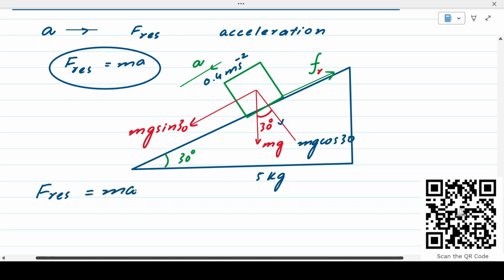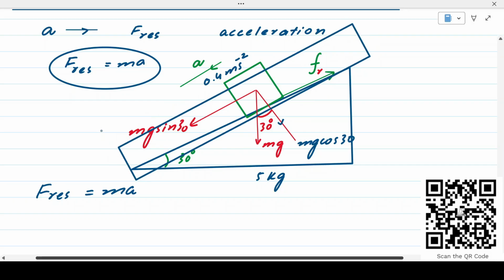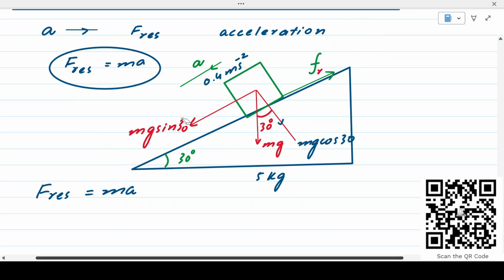Now find out what the resultant force is. The resultant force is along the slope, because the acceleration is along the slope. The resultant force would be the bigger force minus the smaller force. So mg sine theta minus, what is the smaller force? Friction. And that equals ma.